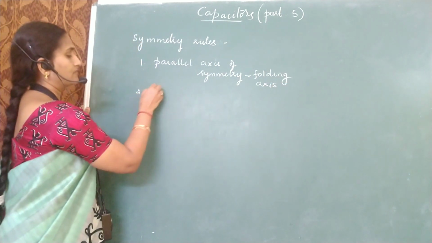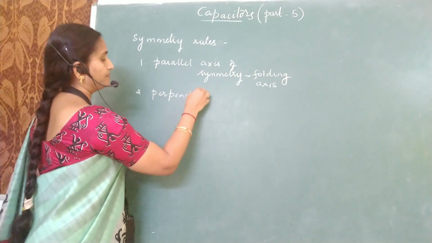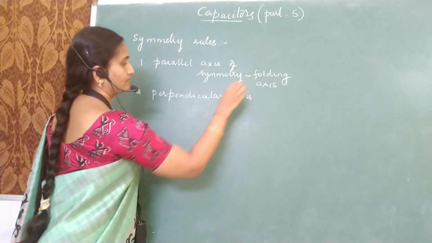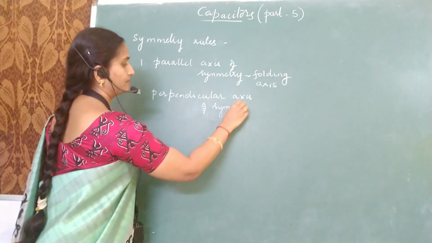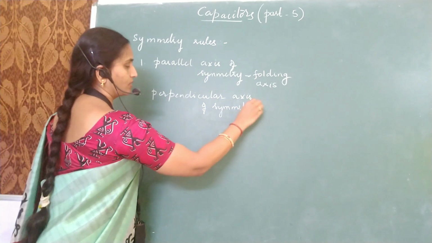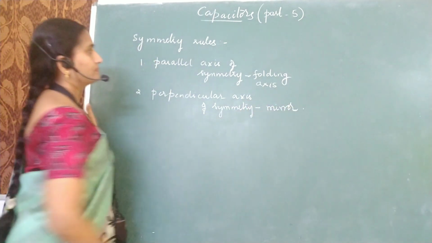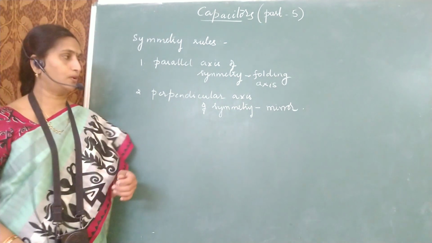Then the second one is perpendicular axis of symmetry. This is called mirror symmetry. These are the two symmetry rules which we'll be using for solving the questions.